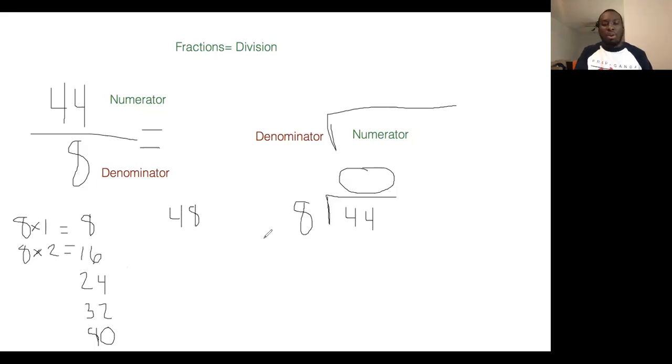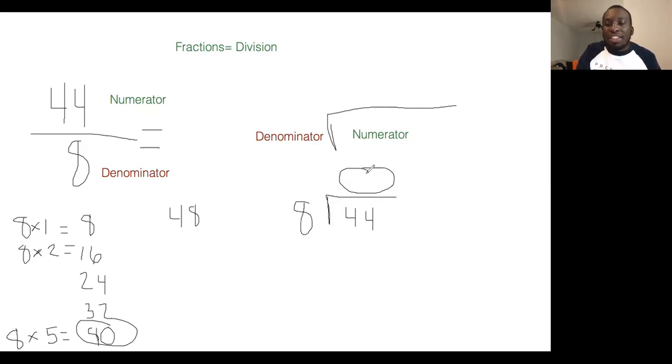I need to know which multiple of 8 gets me closest to 44 without going over. And that is 40. And the factors of that are 8 times 5 equals 40.